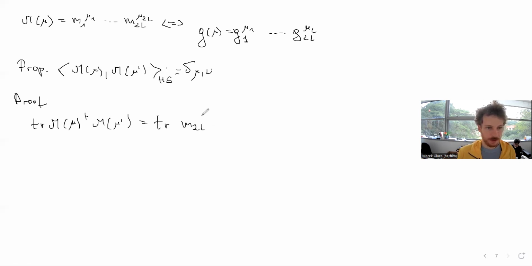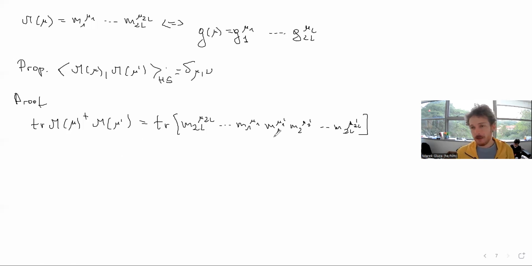So we don't have any dagger, but I need instead M2L, M1 mu1 times M1 mu1 prime, M2 mu2 prime, all the way until M2L mu2L prime, and we were taking the trace of that.